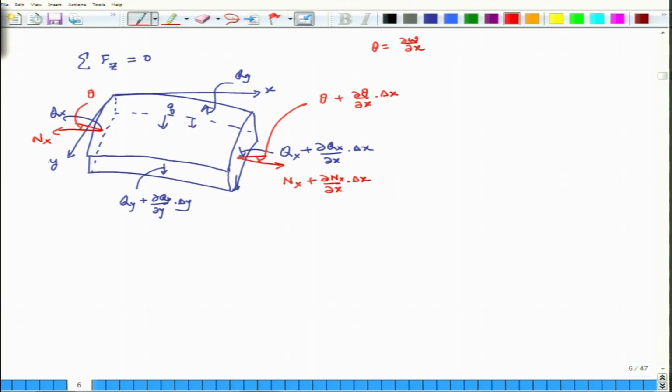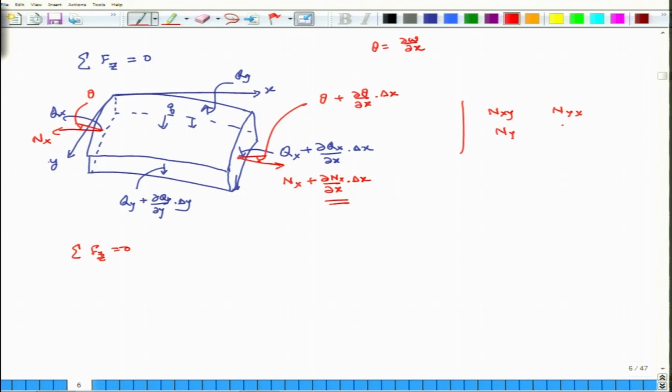So, if I have to add up all the forces in the z direction and equate them to 0, then what are the forces? So, these are the forces, but then I also have forces related to nxy and ny likewise. Here we are just going to illustrate the vertical components associated with nx, but we will also have vertical components associated with nxy, nyx and ny.